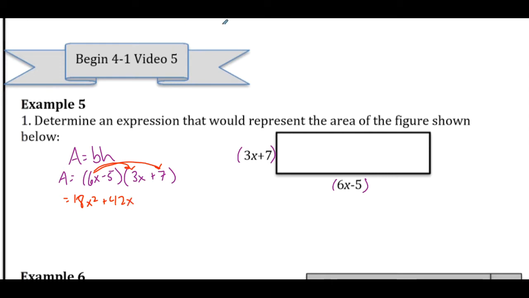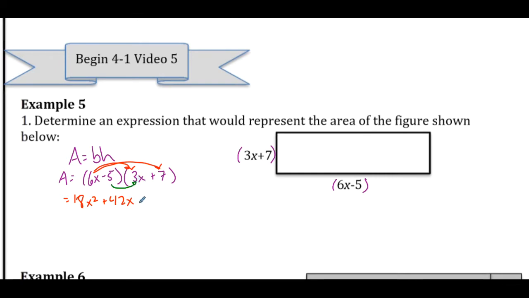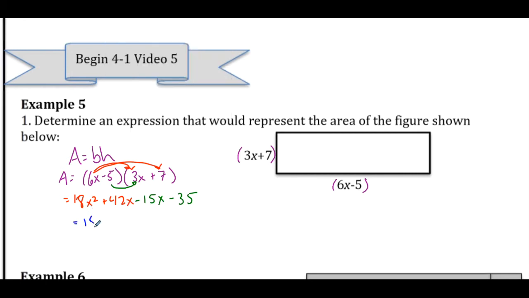And then I multiply my negative 5 by everything. And I say negative 5 times 3x. Make sure you remember this is negative. So that's negative 15x. And negative 5 times 7 is negative 35. Then go through and combine your like terms. I don't have any other squared terms, but I do have two middle terms that are both x's.